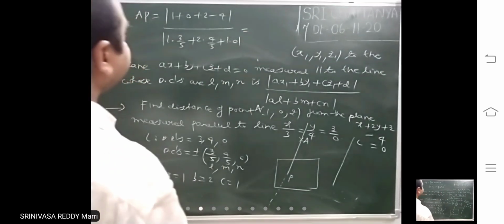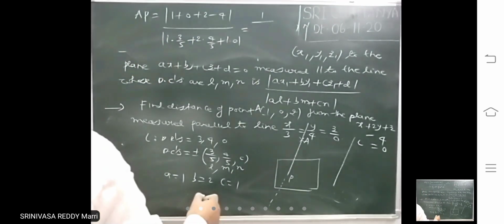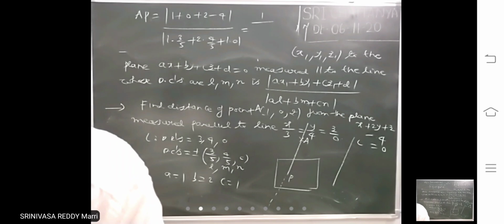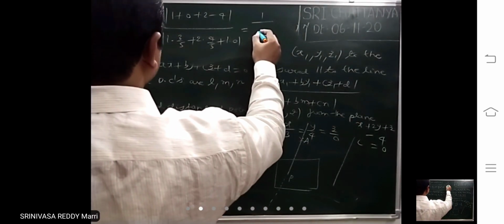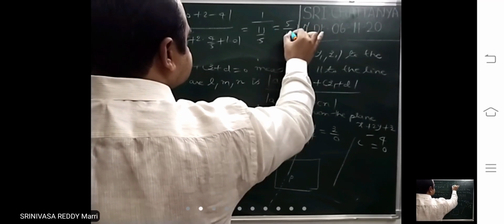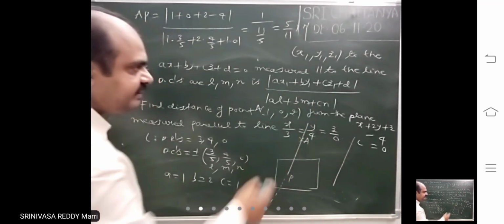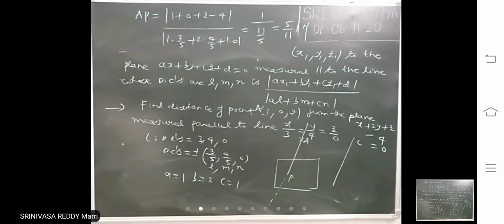So what is your required distance? So 3 minus 4, modulus minus 1, divided by 8 plus 3, 11 by 5. So the required distance is 5 by 11. Directly you can make use of this rule. Perpendicular distance means direct formula. Measured parallel to the line means use this formula.